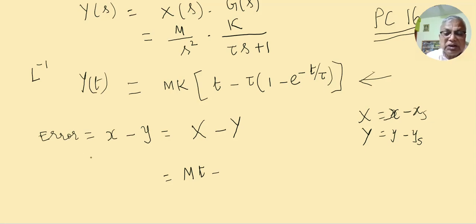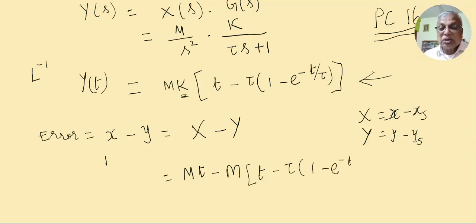Only thing, when I write this, I'll simply write k as 1, because k is 1 here. K is 1, because we have not taken a thermometer, k is the gain. So m into t minus tau into 1 minus e power minus t by tau.